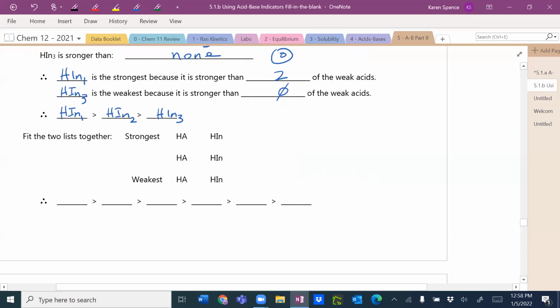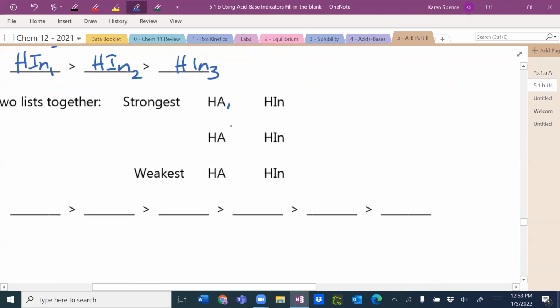Now we're going to take our 2 lists. Strongest HA1, HA2, HA3, HIN1, HIN2, HIN3, and now we're going to try and slot them together. So we're going to try and figure out, does HA1 go up here or does HA1 go down here?